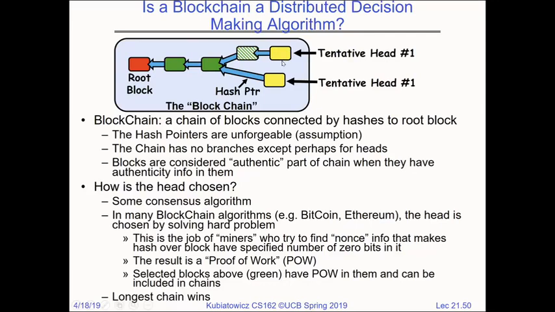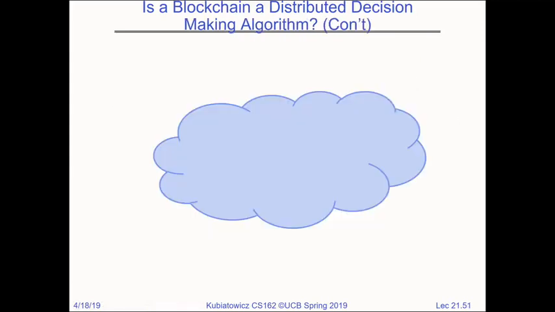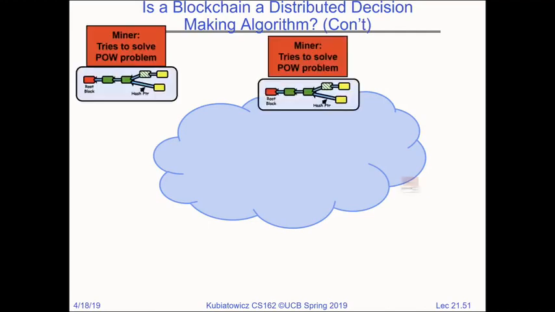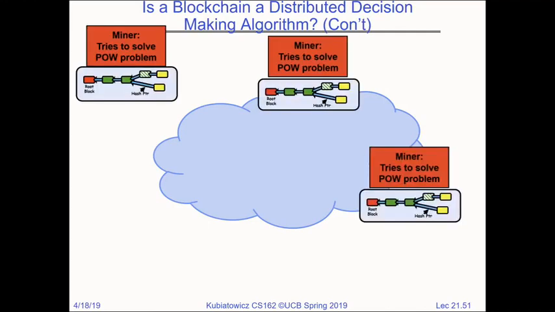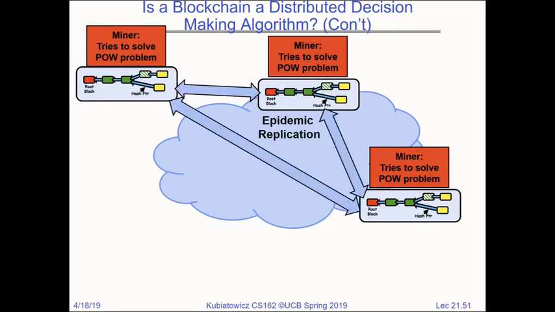What's interesting about this? The word decision crept into several different statements I was making. So you might ask yourself, could I do decisions with this? Well, yes. So for instance, here are the miners. They're trying to solve the, that's not prisoner of war, that's proof of work problem. And there's an epidemic replication algorithm between them, which is basically every time there's a change, you just send it to everybody.